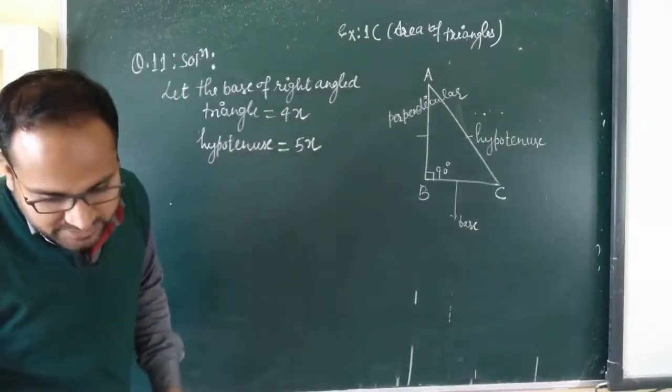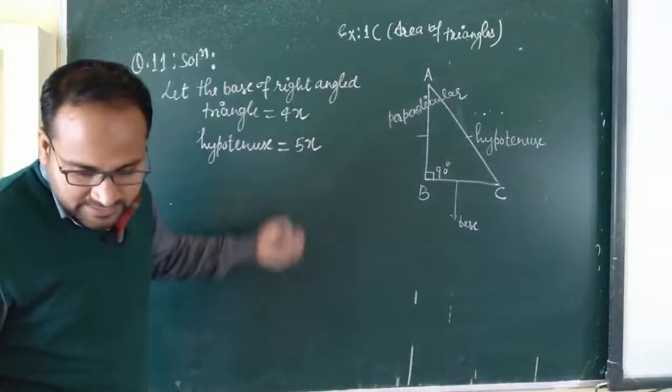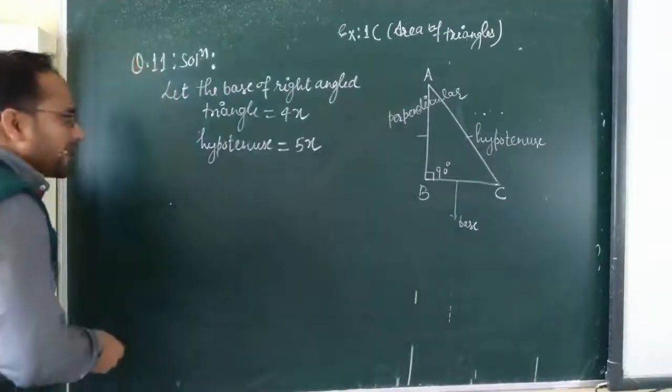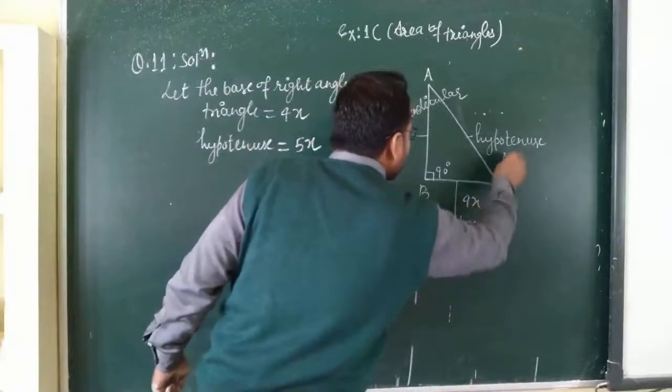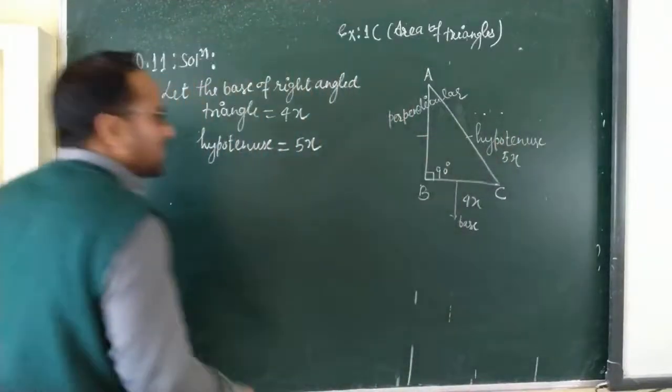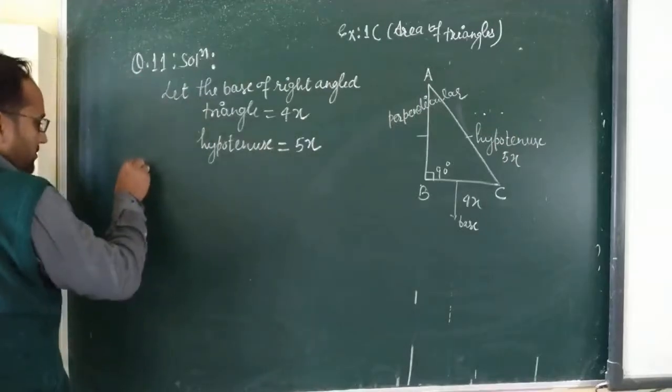Because it is given in ratio, we have to suppose it in terms of x. So this base is 4x and this one is 5x. Our aim is to find the perpendicular part.